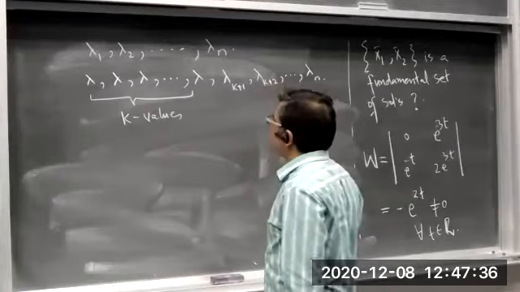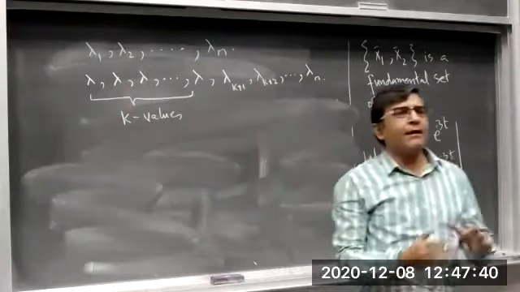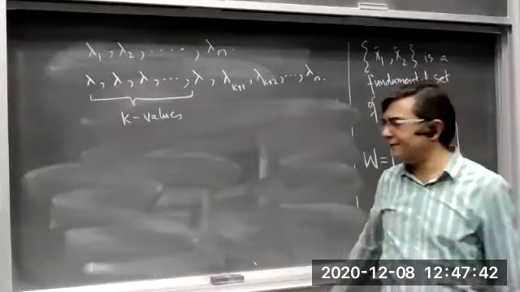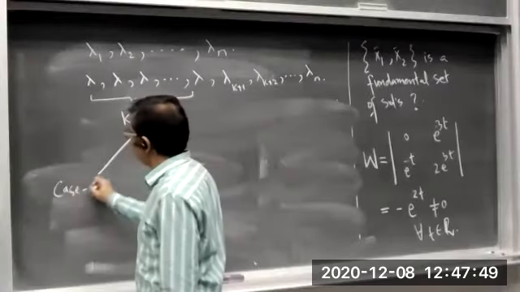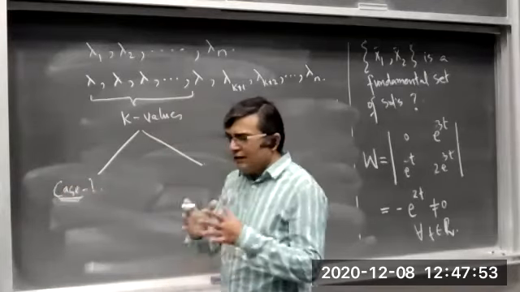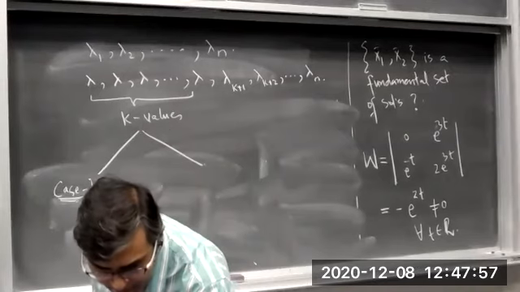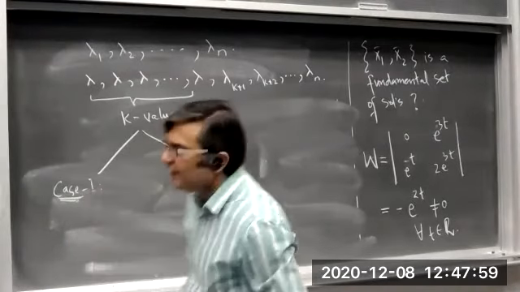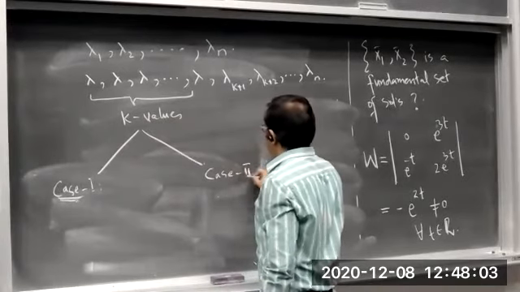When some of the eigenvalues are repeated, there are two further cases. Now, lambda is an eigenvalue which is repeated k times. In that, we also have two cases.